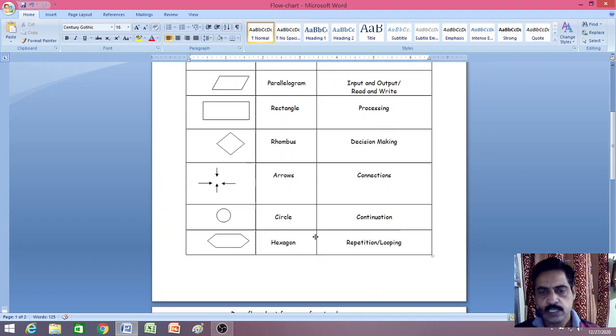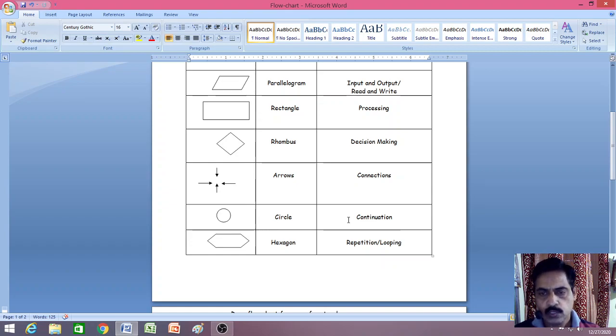Next one is the circle. Circle is used for representing continuations. Suppose while drawing the flowchart, it is not completed in a single page, then we have to draw the remaining part of the flowchart in the next page.